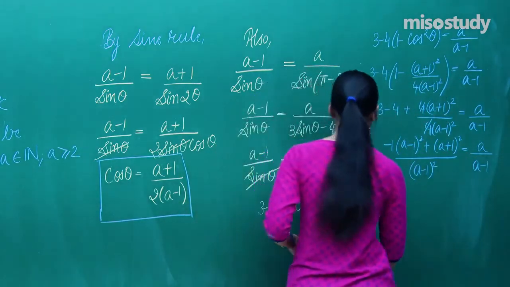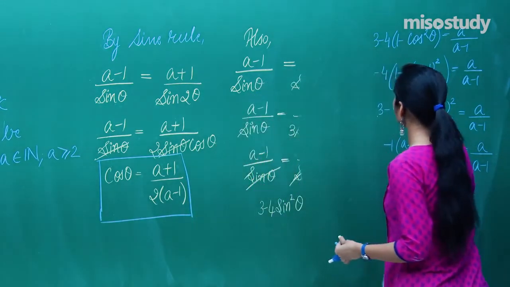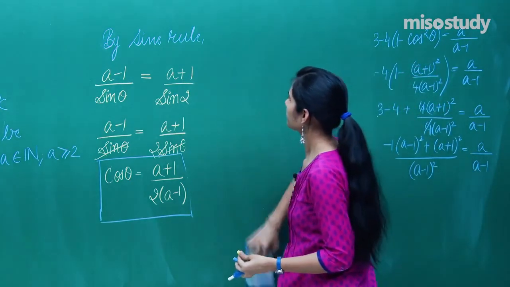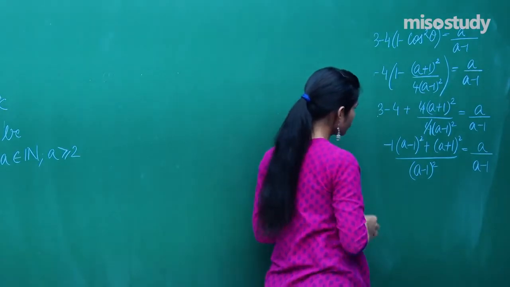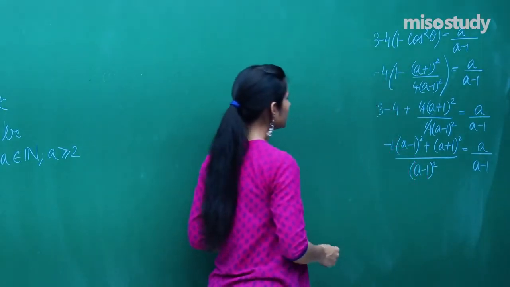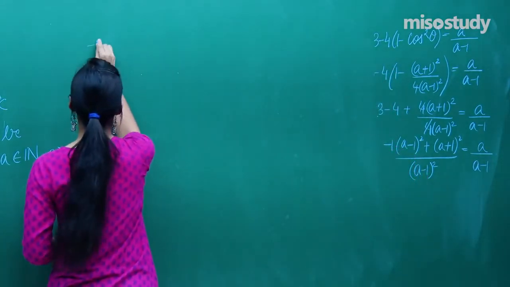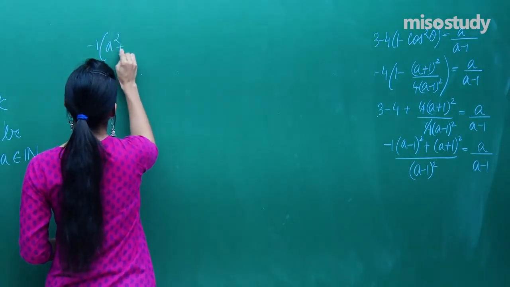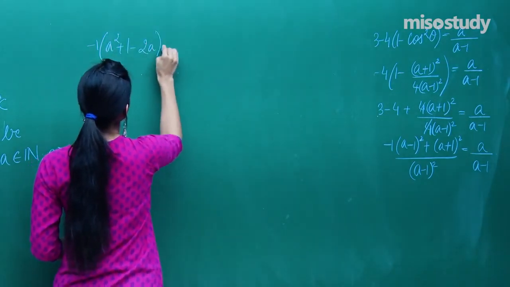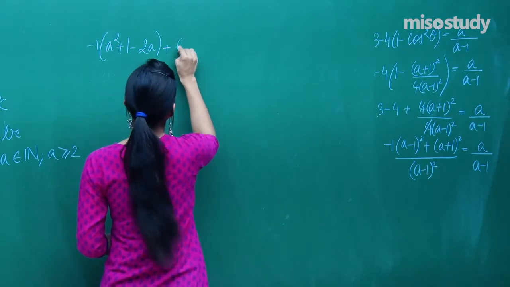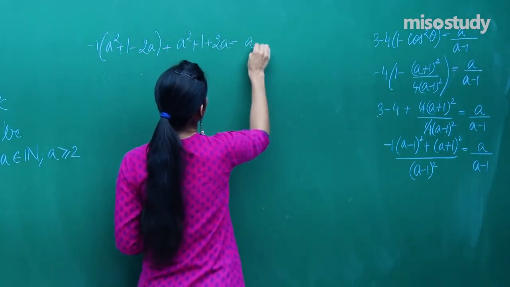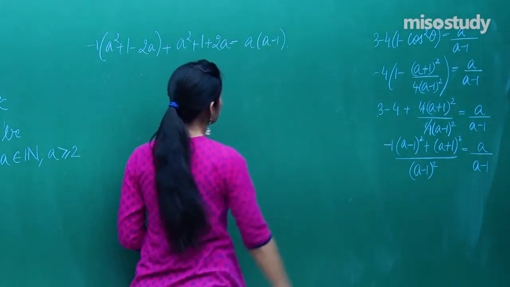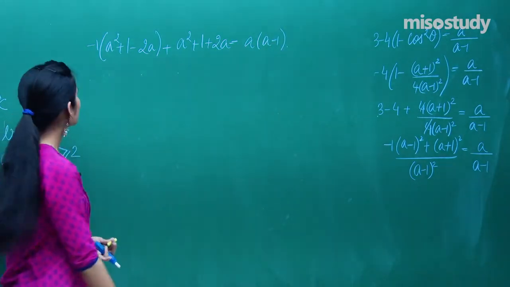Cross multiply. What is it that you obtain? You are going to get minus 1 into (a square plus 1 minus 2a) plus a square plus 1 plus 2a equals a into (a minus 1). So what you get?